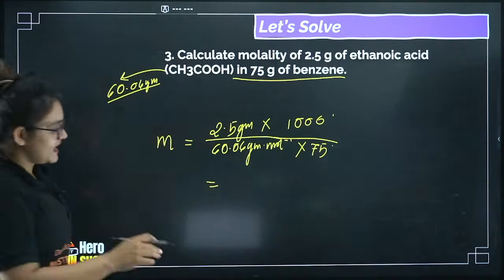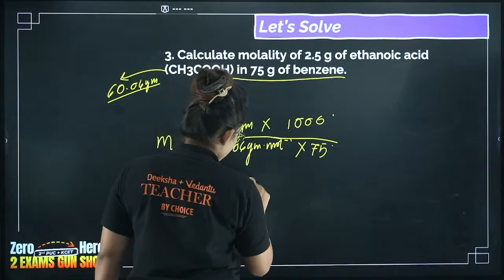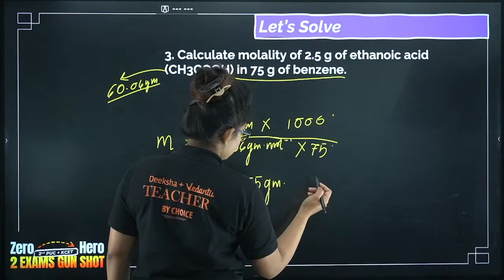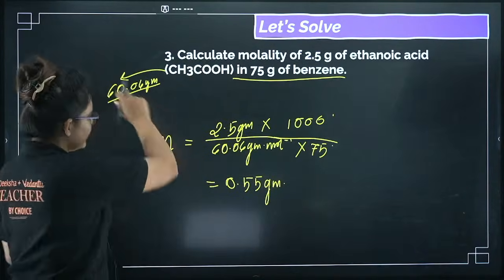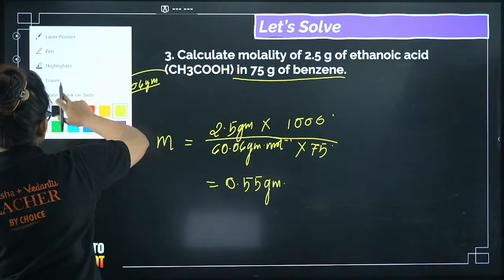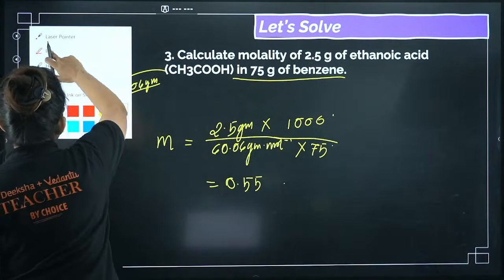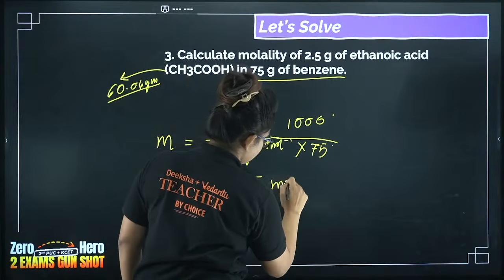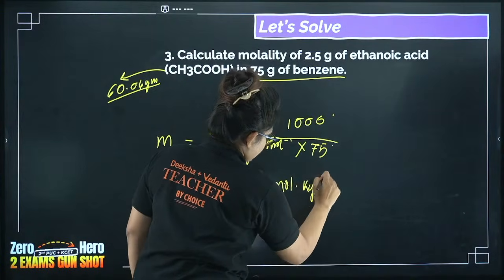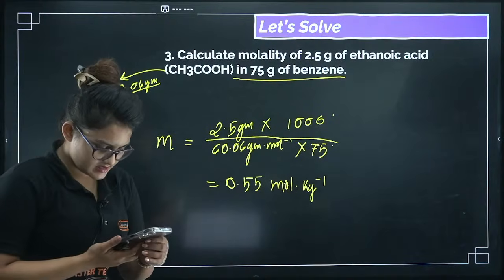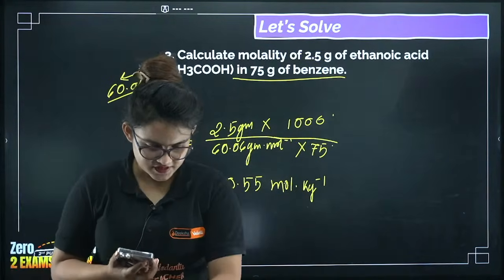If you just calculate, it will come almost like 0.55 mole per kg, or molal. Okay, I can see that you are giving correct answer, very good.